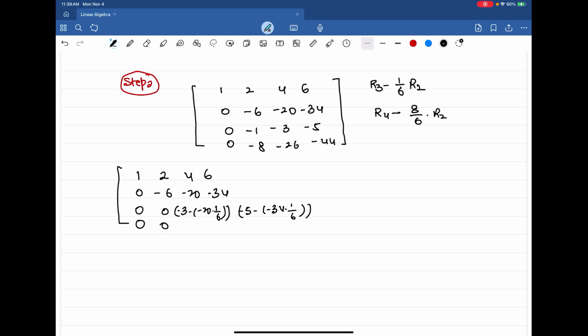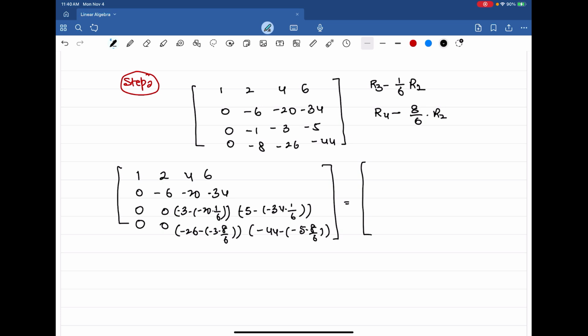And here it will be minus 26. This is R4 minus 8 by 6. It is not 1 by 6. It is 8 by 6. Minus of minus 3 into 8 by 6, minus 44 minus of 5 into 8 by 6. This will be the value of the matrix.